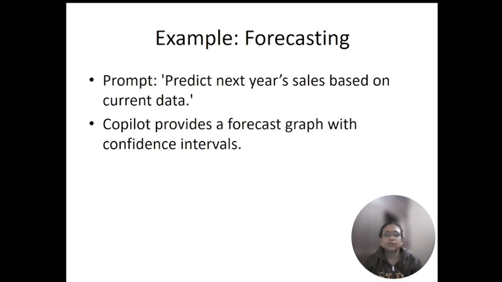As you can see, we can give a prompt: predict next year's sales based on the current data. It will give you the forecast of how next year's data would go, the projection if the current trend continues. Copilot also provides a forecast graph with confidence intervals, so your sales figures will be projected based on the current data.